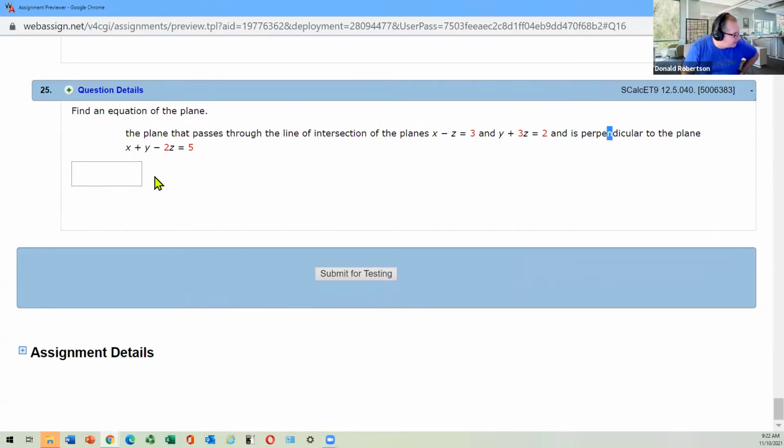And since this plane is perpendicular to it, won't it also be at right angles to its normal? So our normal vector will be the cross product of those two things. That's a lot of work just to find the cross product. Secondly, don't we also need to find a point on the line? And that's going to take a fair amount of thinking as well.